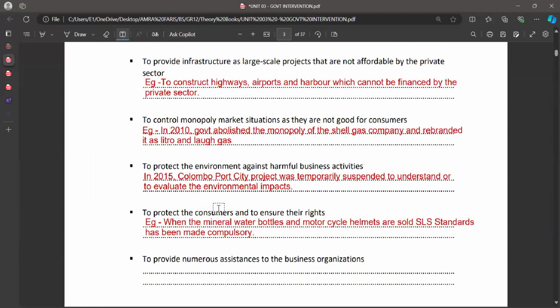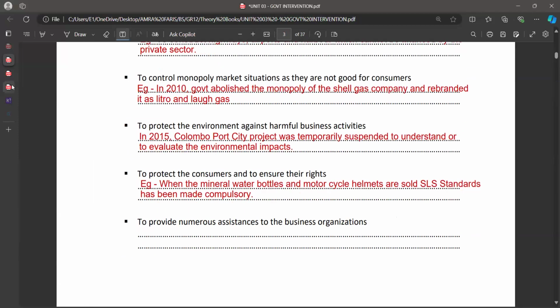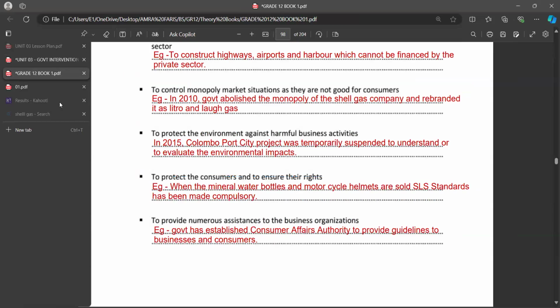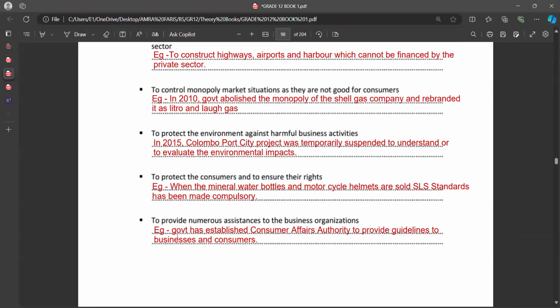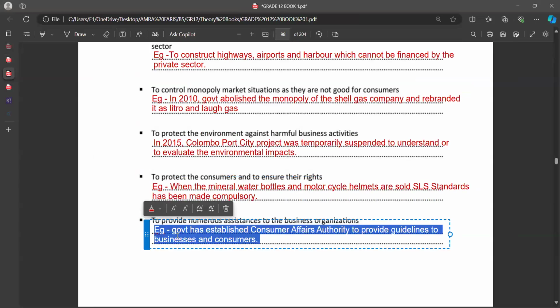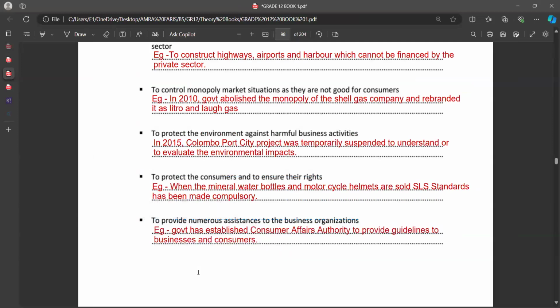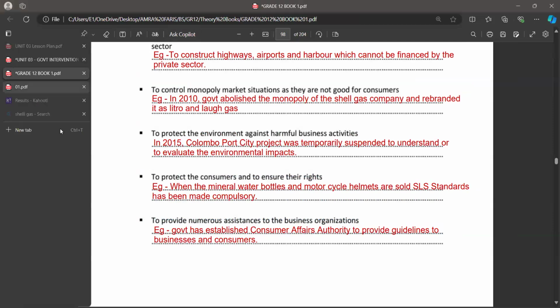Okay. And next one, to provide numerous assistance to business organizations. That means they have established the Consumer Affairs Authority. We will learn about that later. The Consumer Affairs Authority provides guidelines to businesses and consumers to operate.